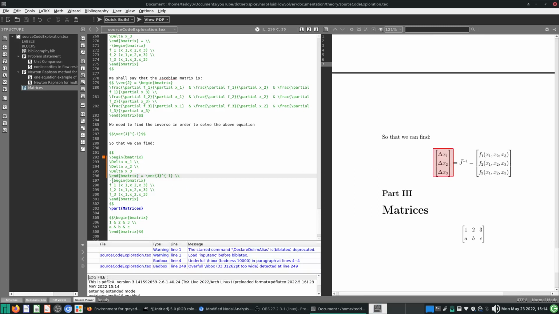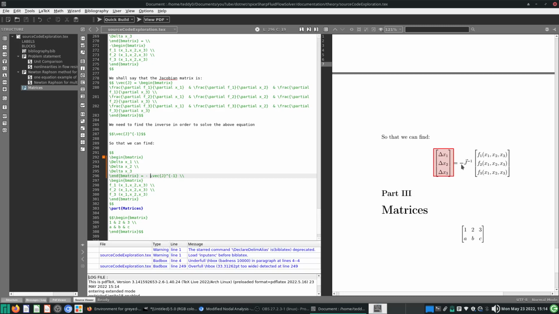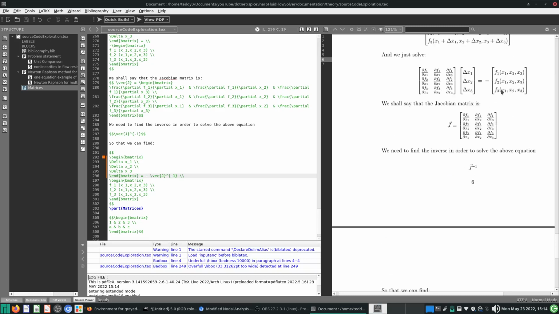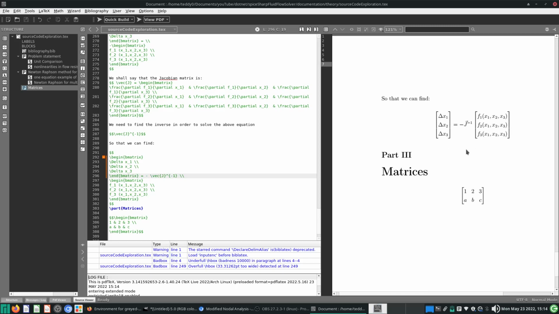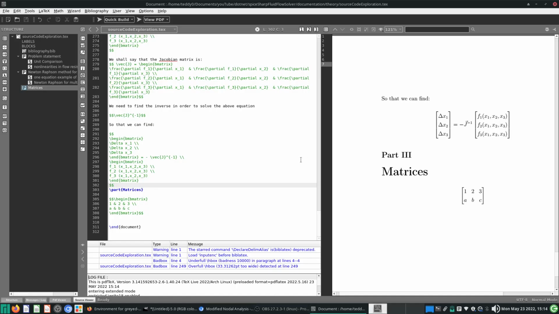I should take the minus sign out and put it in front. The Jacobian inverse will be multiplied to the left of both of these equations, and then you'll have this sort of equation right here. So we want to find delta x1, delta x2, and delta x3. Once we do that, we can get the next step.